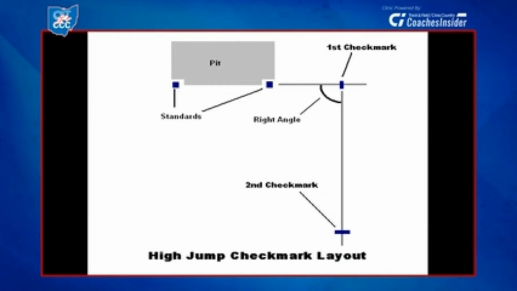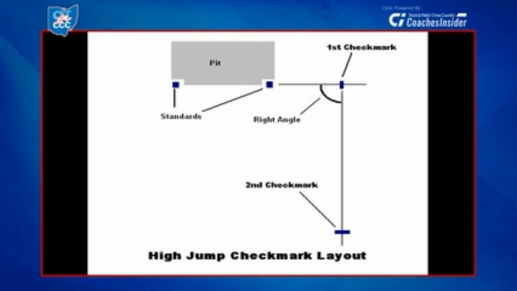Now, if you remember a second ago, we said, this is a diagram that you've seen earlier in the presentation, and we said that there needed to be a right angle, a 90-degree angle between the line marking the plane of the bar and the line that marks the 2 check marks. Now, in order to assure that this is a right angle, we have to have some type of triangulation system.